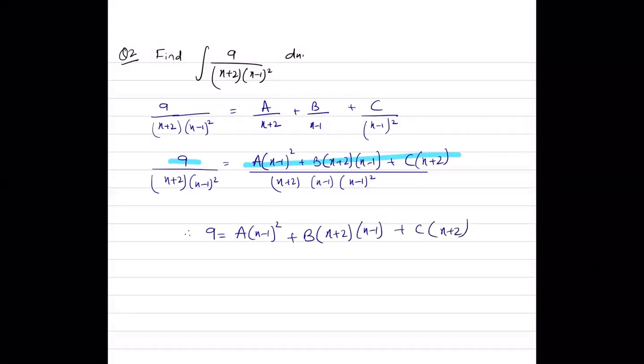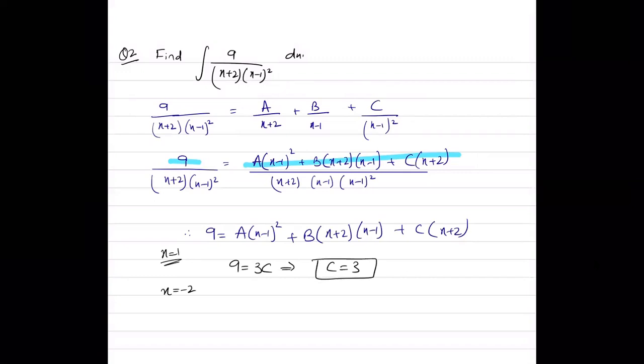Let's substitute x as 1 first. If you substitute x as 1, a is going to be cancelled out, b is going to be cancelled out. 9 equals 3c and c comes out to 3, right?